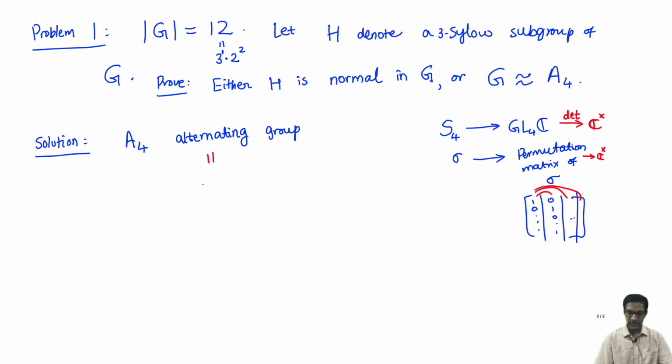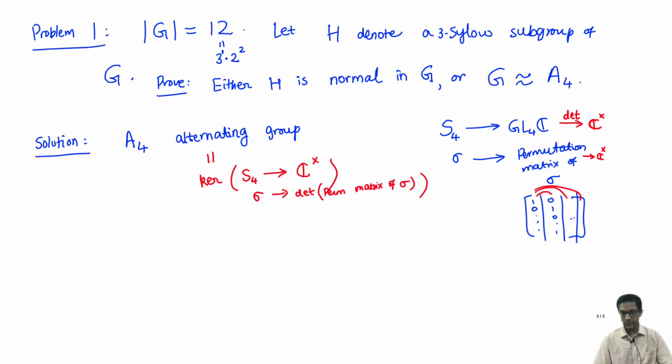Here's one way of defining it: it is nothing but the kernel of the homomorphism from S4 to the multiplicative group of complex numbers, where this homomorphism is defined by saying each sigma maps to the determinant of the permutation matrix of sigma. Okay, so this was how it was defined.